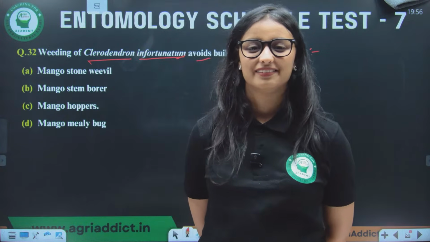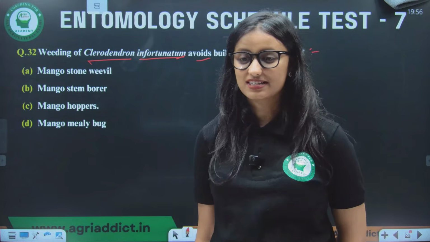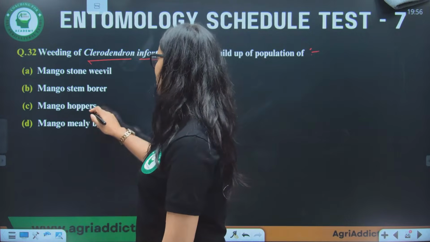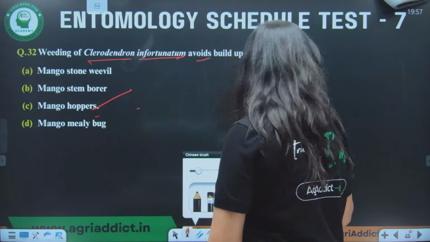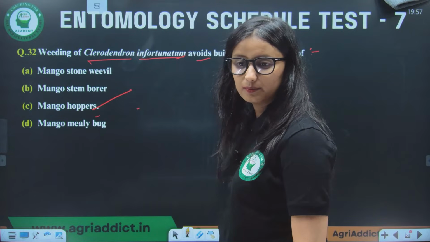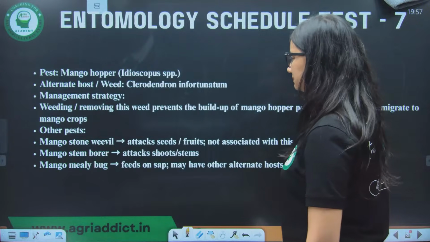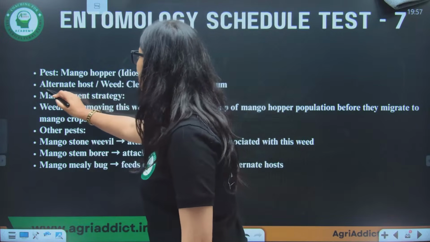Which one? Think again. C, very good. This is mango hopper, not mealybug. Why mango hopper? Because this is its alternate host.